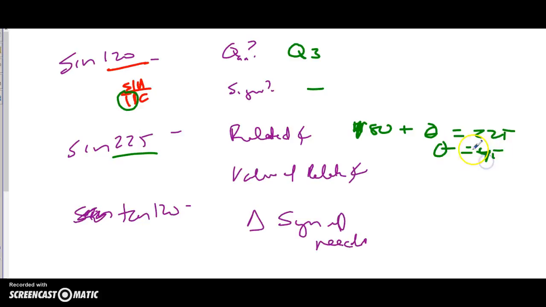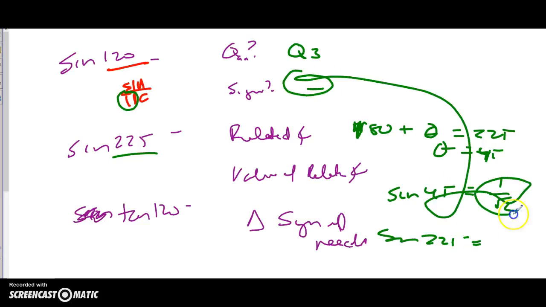It has to be 45, 30, or 60 because that's the only thing we have on the table. 45 degrees, let's check it out, of sine. Sine 45 is what I look up on my table. Sine 45 is 1 over root 2. And then sine 225 is negative this, negative 1 over root 2. Okay, so that's the size of it, and that's the sign of it.